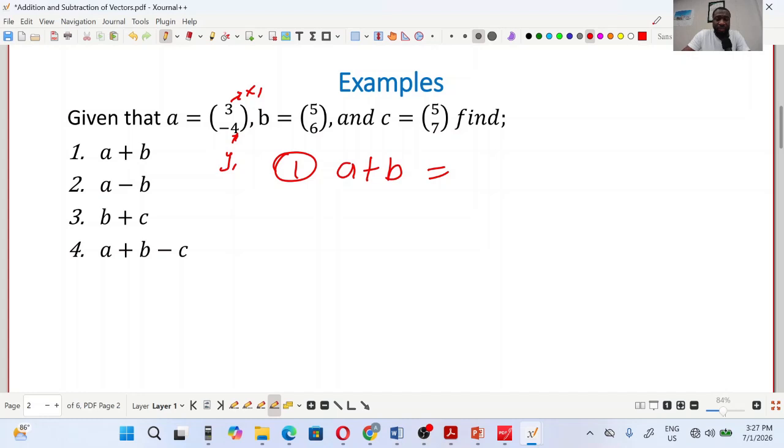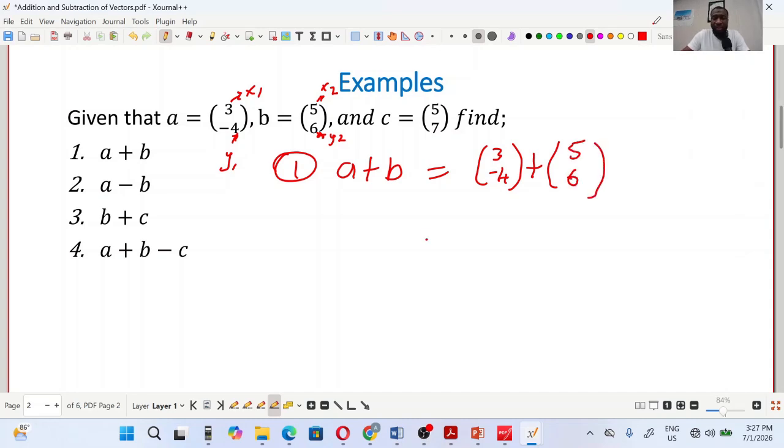When I come to the B, this is going to be my x2 and this is going to be my y2. Therefore, my A is (3, -4), plus (5, 6), right?